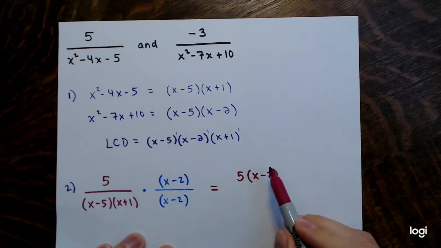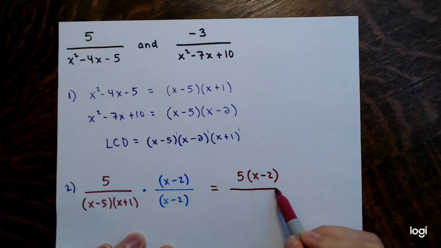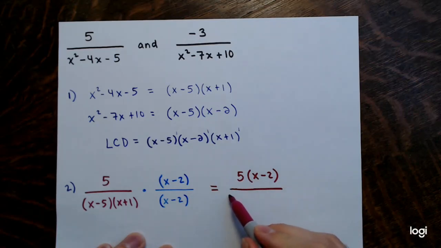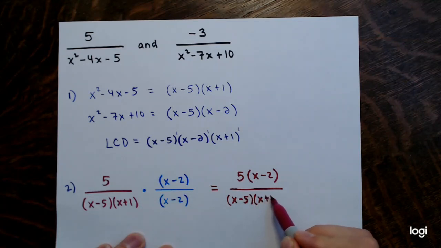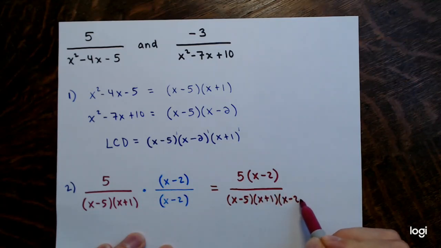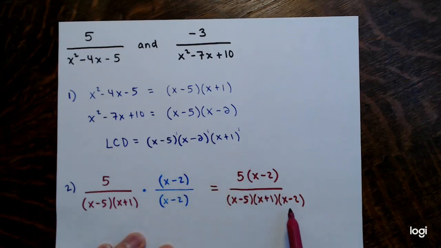If you'd like, you can distribute, divided by, and then the LCD, x minus 5 times x plus 1 times x minus 2. That's the LCD. I know the factors are in a different order, but it doesn't matter, right? A times B times C is the same thing as B times C times A. And when you're multiplying factors, it doesn't matter what order they come in.